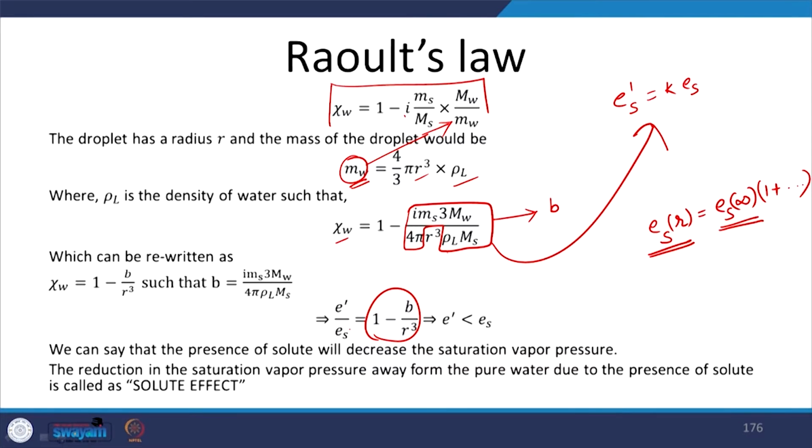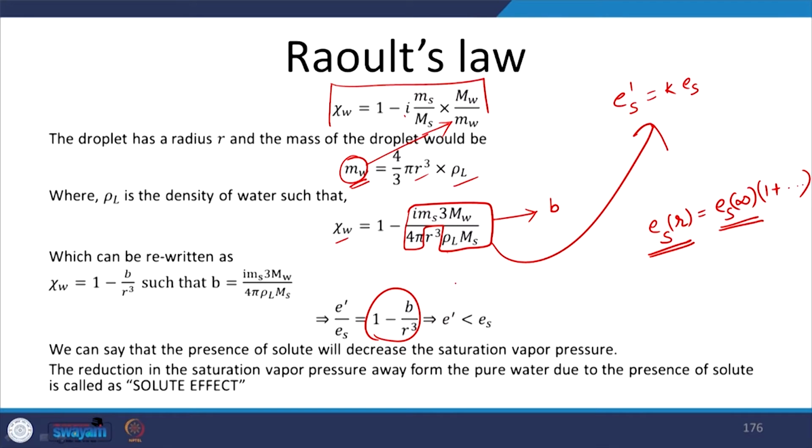The saturation vapor pressure with respect to the solution is 1 minus. That means it is going to be lesser than the pure phase. Why? Because there are more foreign molecules which are preventing the water from evaporating, thereby reducing the saturation vapor pressure. So we can say that the presence of solute will decrease the saturation vapor pressure.